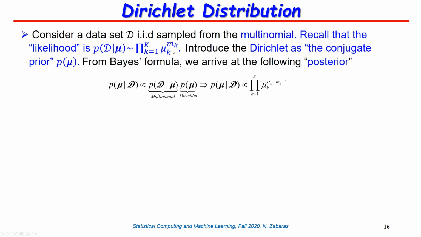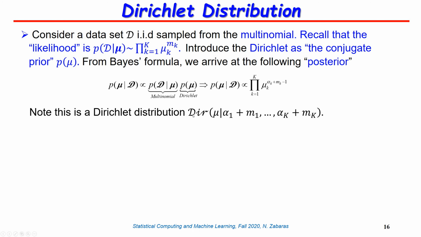And if the likelihood looks like that, and my prior has the same form but with coefficients alpha k minus 1, you can see that the posterior has the same form as the likelihood, but instead of mk in the powers, I have alpha k minus 1. Okay, so if you want me to write this explicitly, the posterior becomes also a Dirichlet distribution with coefficients alpha 1 plus m1, up to alpha K plus mK.